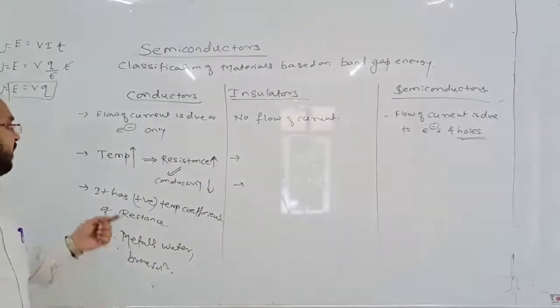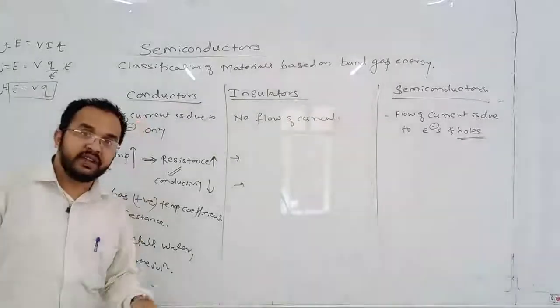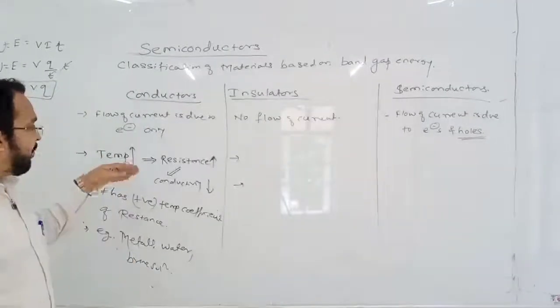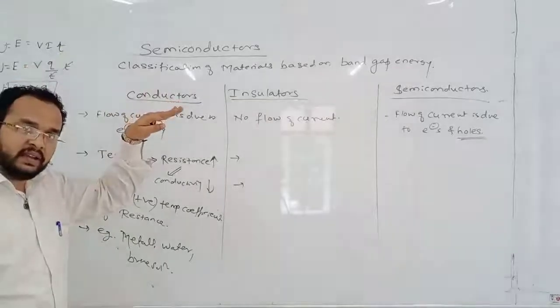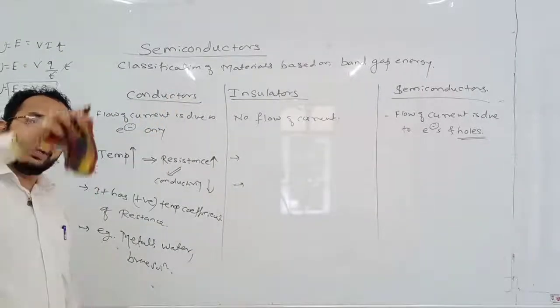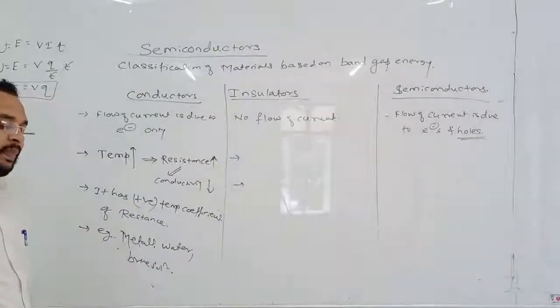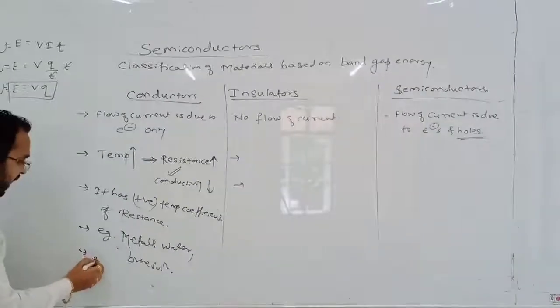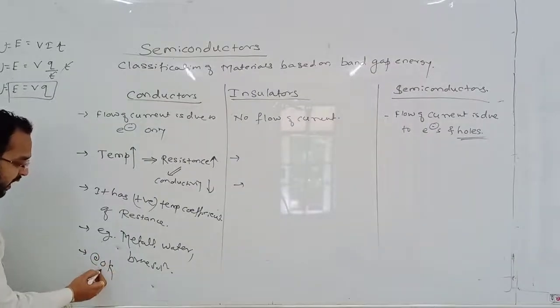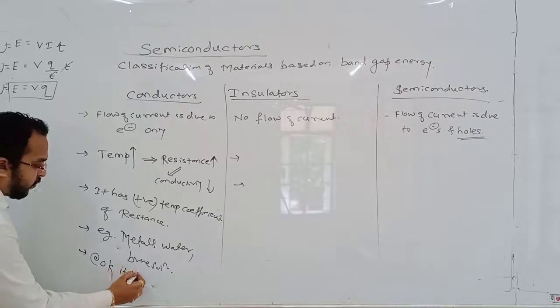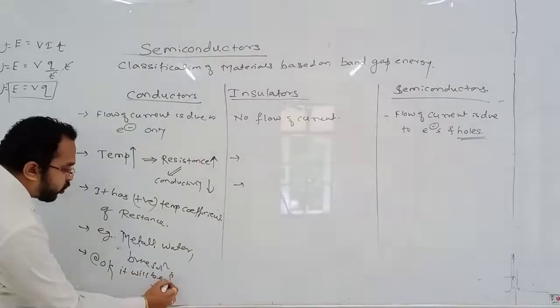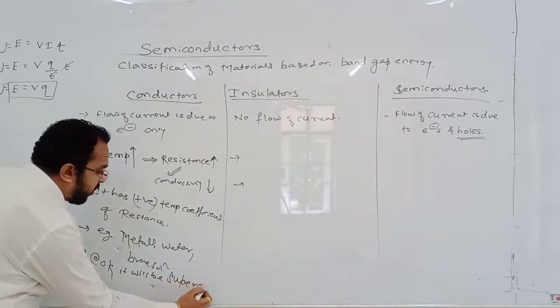Then tell me, as the temperature decreases, what will happen? When temperature increased, conductivity decreased. Then after temperature decreases, what will happen to conductivity? It will increase. So at 0 Kelvin, it will be a superconductor.